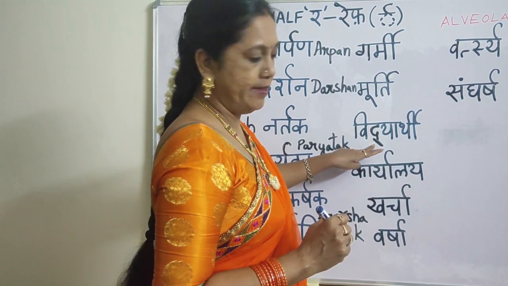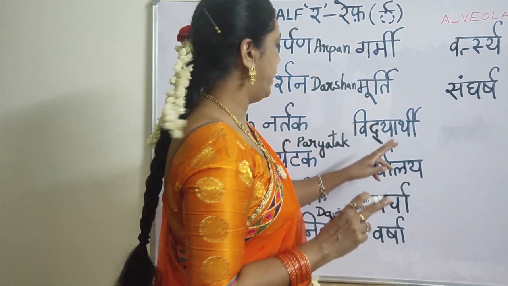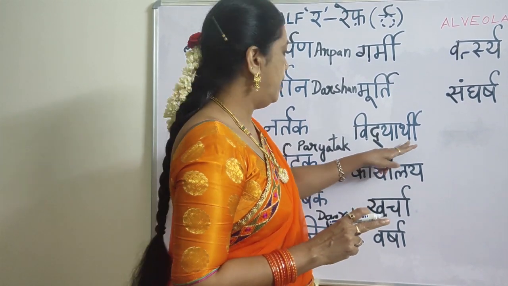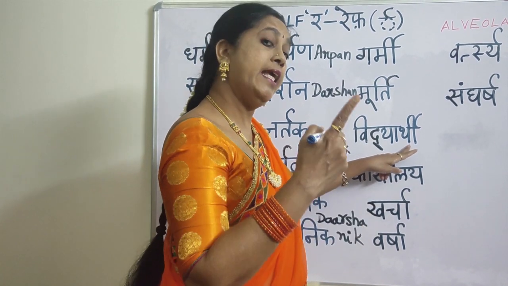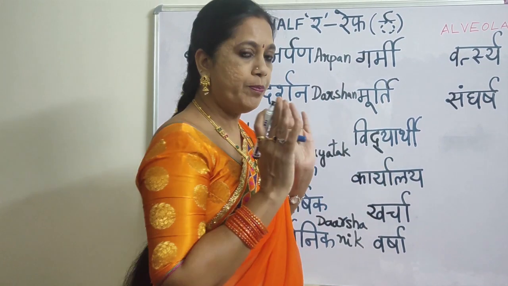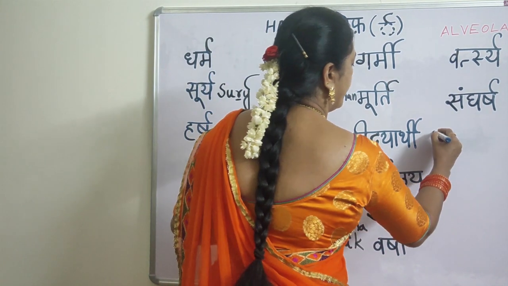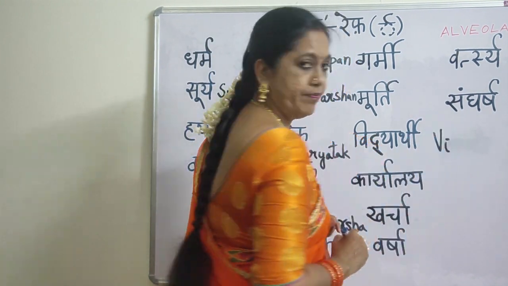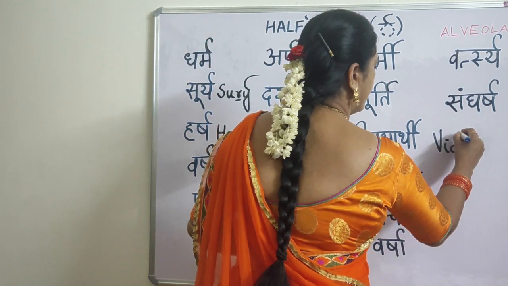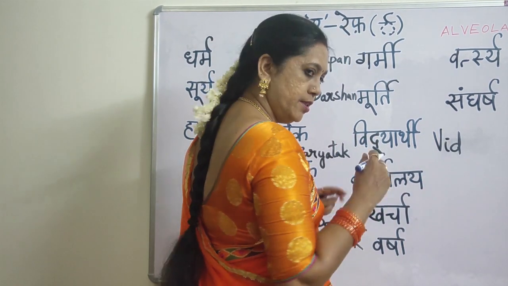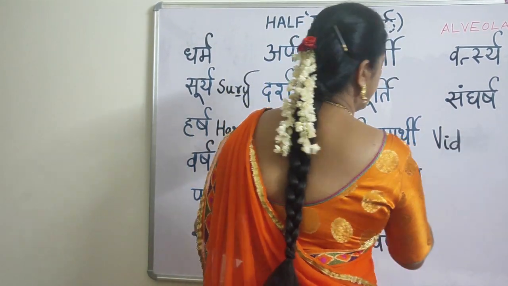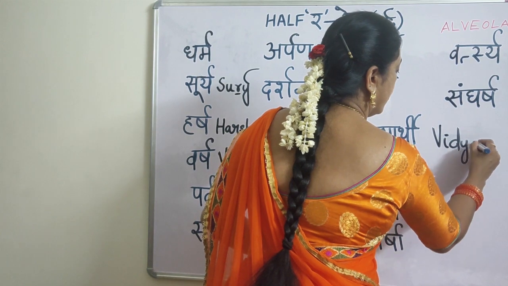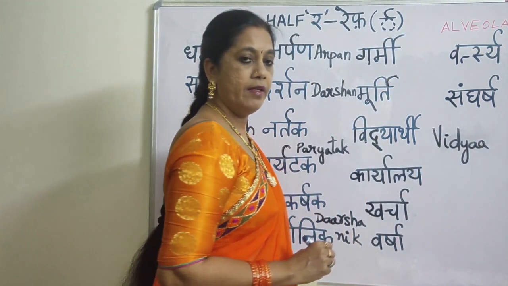So it is id or d. This is ya and this is thi. Now how to pronounce it? Now see here. First is V. This is half. Id or d. Then this is ya.